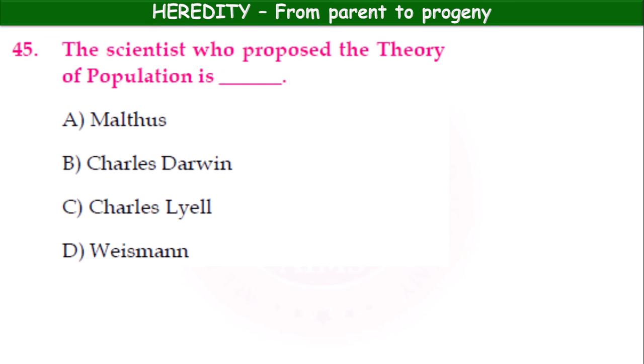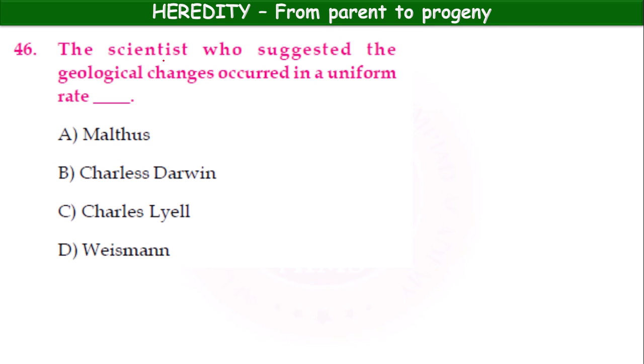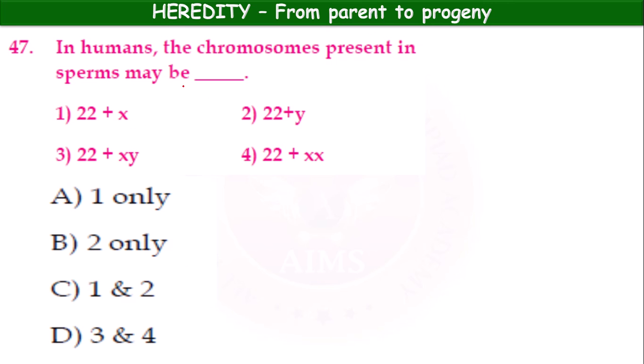The scientist who proposed the theory of population is Malthus. The scientist who suggested that geological changes occurred at a uniform rate is Charles Lyell.